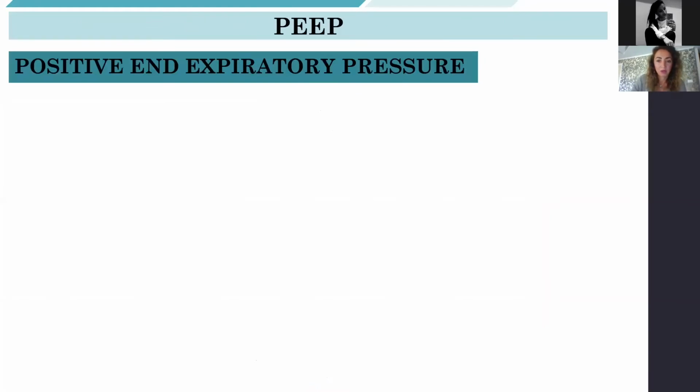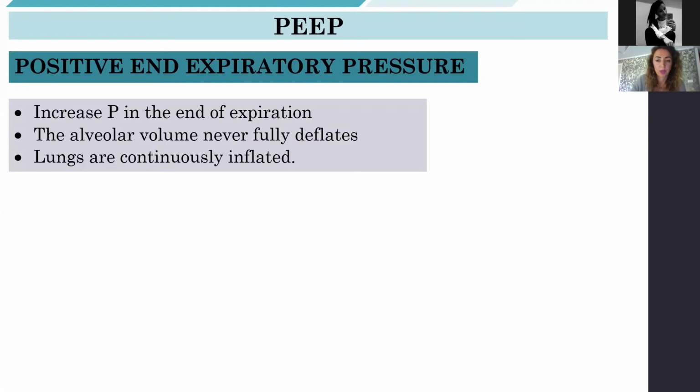I would like to speak a little bit about the PEEP. PEEP is the positive end expiratory pressure. Because of this increased pressure at the end of expiration, the alveolar volume never fully deflates and consequently stays inflated a bit.